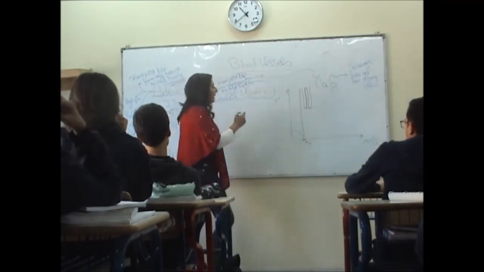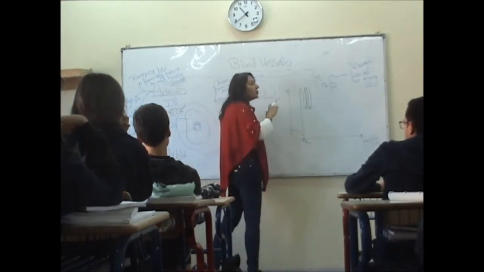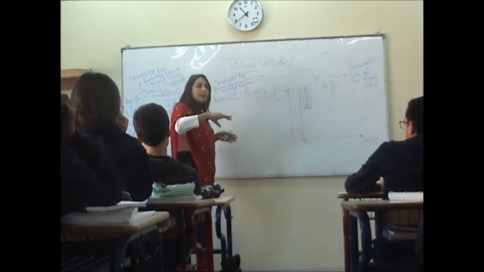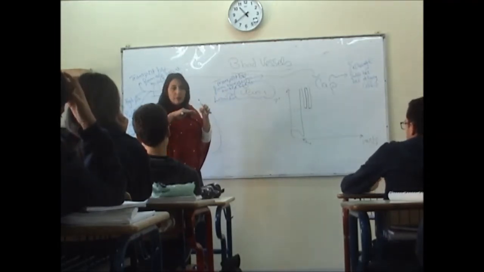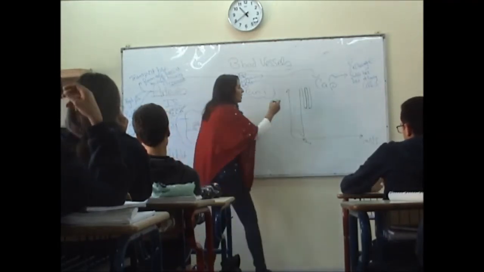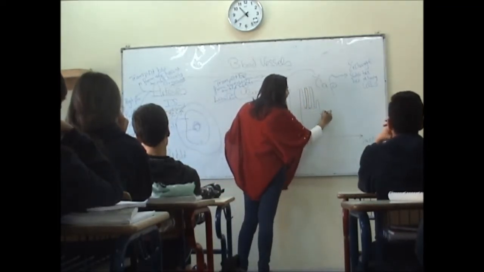Okay? The second thing the elastic fibers do is smooth out the blood flow. It starts to smooth out this fluctuation. It starts to decrease the difference between the highest and the lowest pressure.